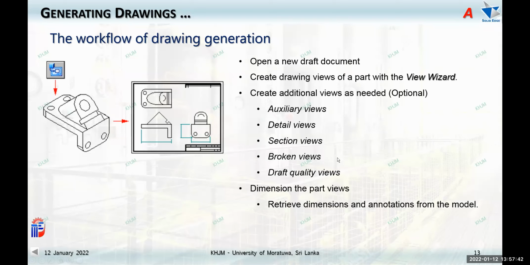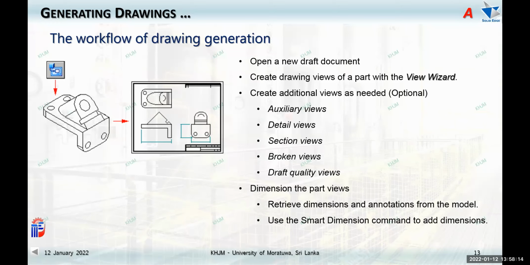And also some annotations. Some of the dimensions that we use during the feature creation can be straight away used in the drafting environment. We need to do what you call retrieve dimensions. And also you can retrieve the other annotations like the front elevation, plan, and so on.